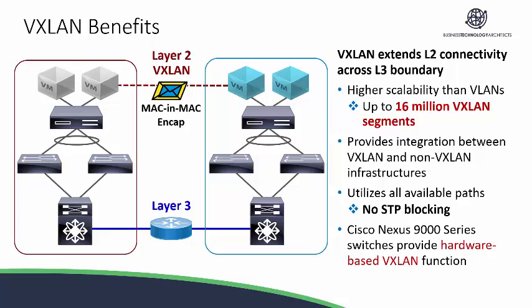So that's easy integration between VXLAN and non-VXLAN infrastructures. They both speak the same language. Deployed as a VXLAN gateway, the 9000 switches easily connect VXLAN and classic VLAN segments, so they both talk the same language.